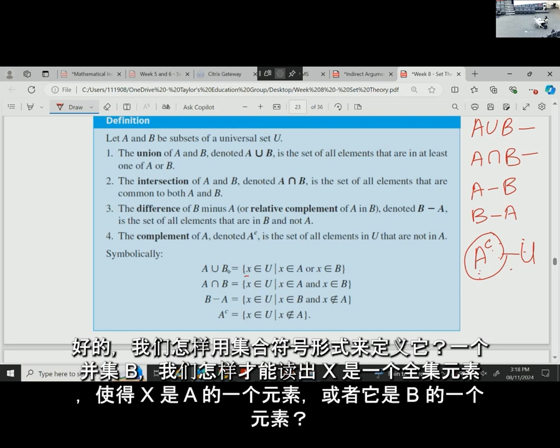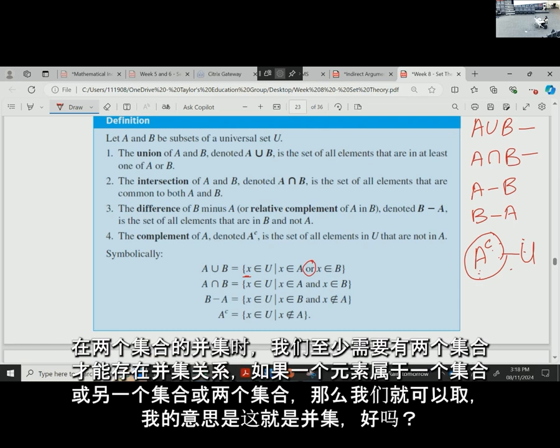Okay, how do we define it in the set notation form? A union B. How do we read it? X is an element of the universal set such that X is an element of A, or it is an element of B. What does it mean? In a union, we need to have at least two sets for there to be a union relationship. If one element belongs to either one set or the other set or both of the sets, then we can take it, that is the union.